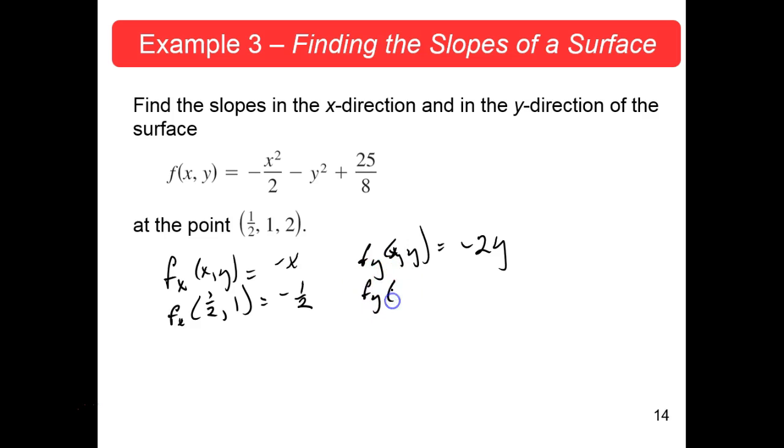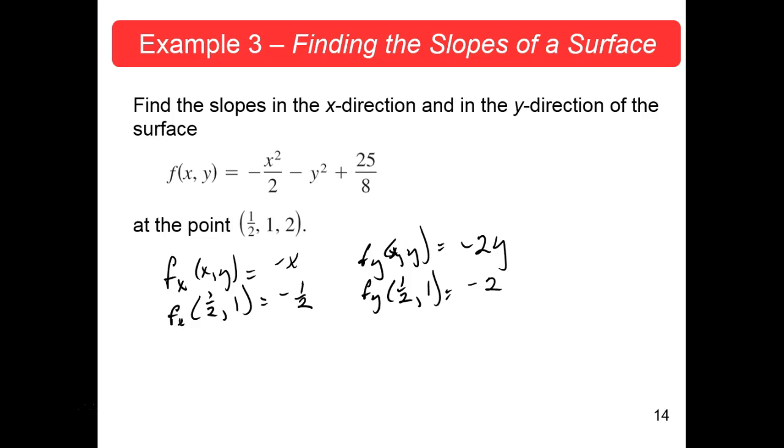F sub y at 1/2, 1 is equal to negative what? Oh yeah, negative 2, because you put in the 1 there. Negative 2. My hearing is so bad. Okay, now that's much steeper. Same point, 1/2 this way, 1 this way. So something like this, only now it's this way because it's in the y direction, and that would be a negative 2. Okay, so that's what we got.